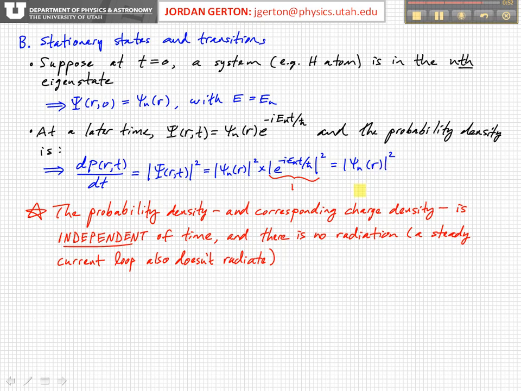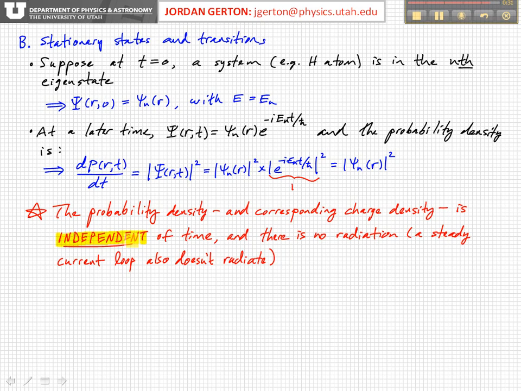Okay, and so we see that the probability density and the corresponding charge density, if the particle is an electron or some other charge, is independent of time. And since the charge density is independent of time, there is no radiation because there's nothing accelerating in this picture.